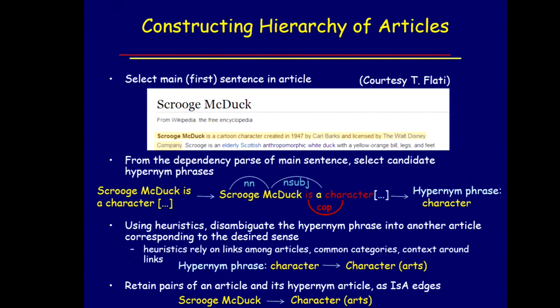It's not guaranteed at all, but it's a reasonable assumption, or at least it's reasonable to assume that there is a majority sense, right? If this category is about entertainment, about movies, then the occurrence of character is likely to be about a character in a movie, or a fictional character, or character arts, as it's called in Wikipedia, as opposed to the alphabet character.